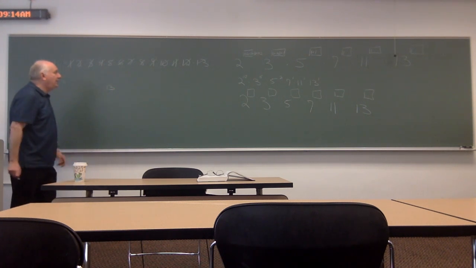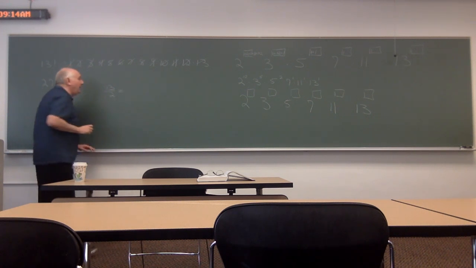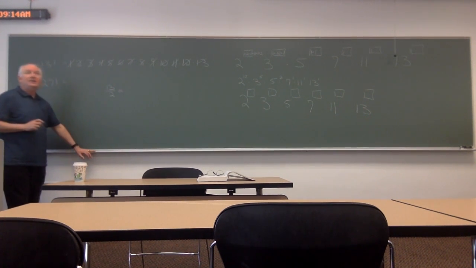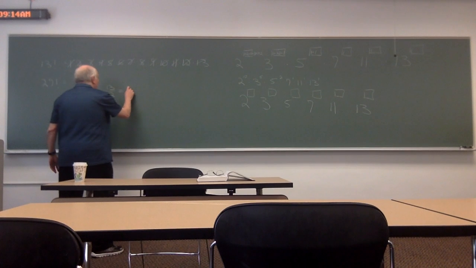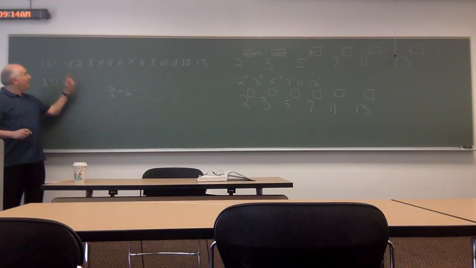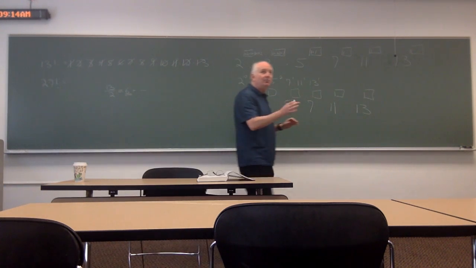you start with 13 and divide by 2, and the biggest whole number that goes in is, what's the biggest whole number? 6 plus something. What that means is 6 of these numbers are multiples of 2, because every other number is a multiple of 2.